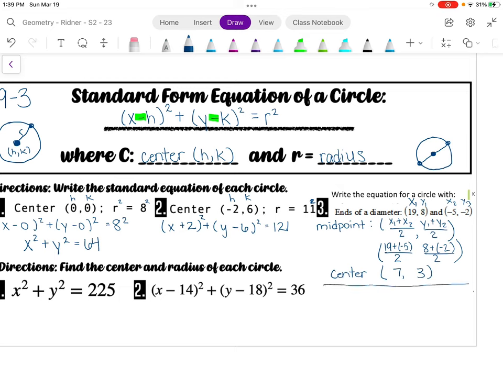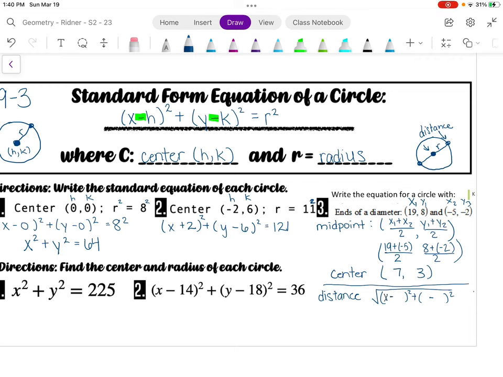For my radius, it's going to be from the center to the edge, and that's the distance between the two. So recall the distance formula.